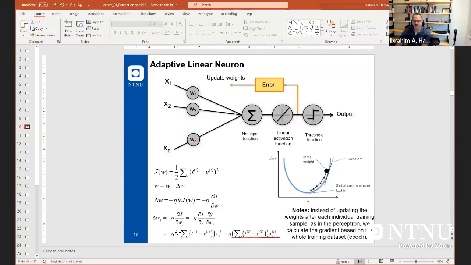So we have a negative sign here. Now we have partial y by partial omega. y equals omega x, correct? So partial y by partial omega is just x, the input.